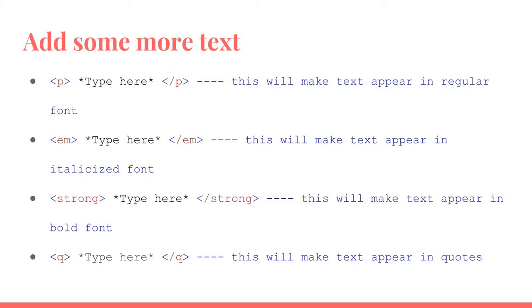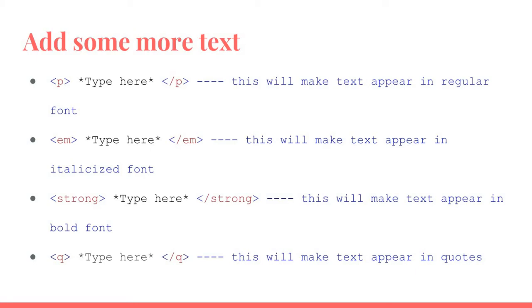To have italicized font, you can either have those brackets with your EM, or you can have your brackets with your I. Also for bullet 3, you can see that for bold font, you can have those brackets and strong, or you can have those brackets and a B. When teaching the students, you can give them the option to know both of them, but you're going to find, at least that's what I found, that the I and the B were the most common ones, because the kids are able to recognize that I for italicized, B for bold.